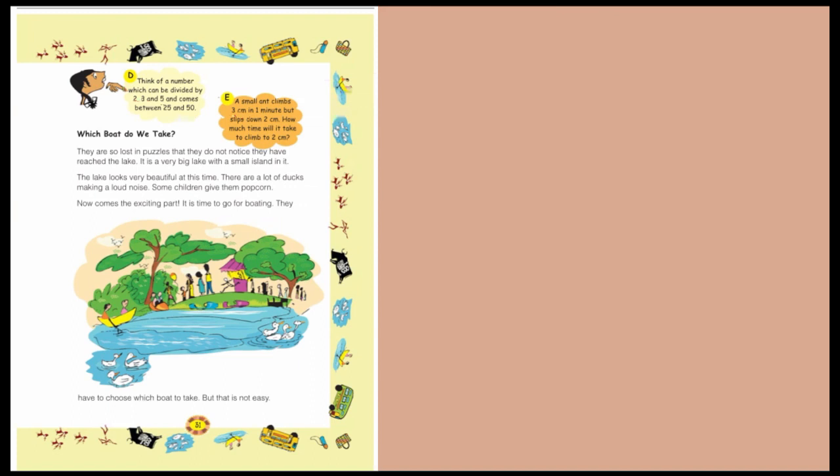Right? So these were some of the puzzles that they were solving during the trip. Now very soon they have reached the place that they wanted to go. It was a beautiful lake and they all wanted to go boating.